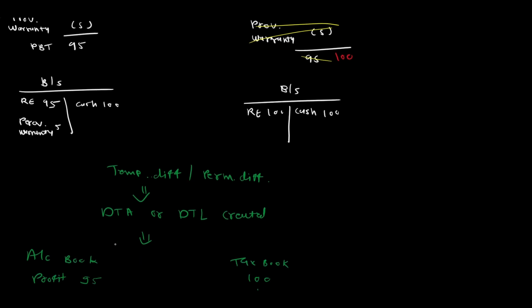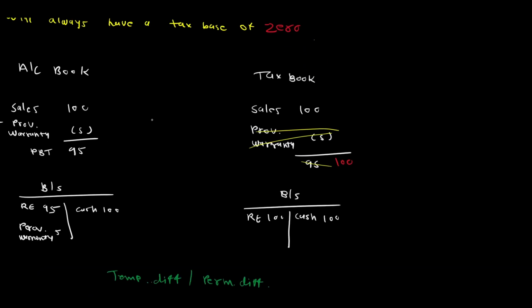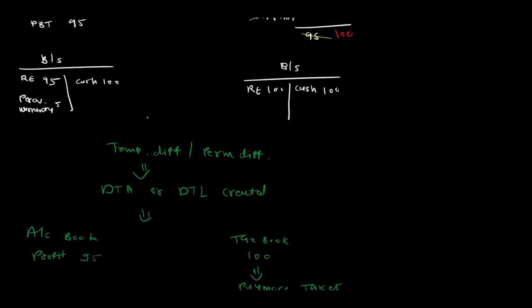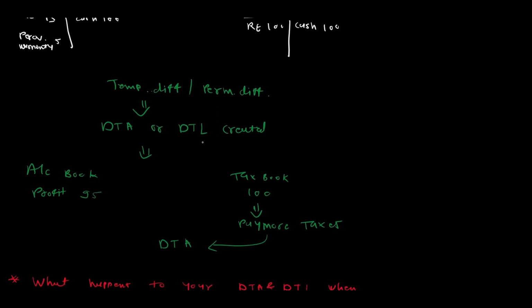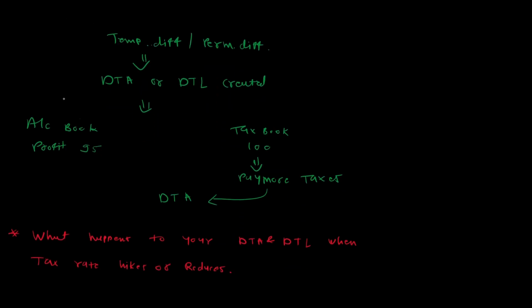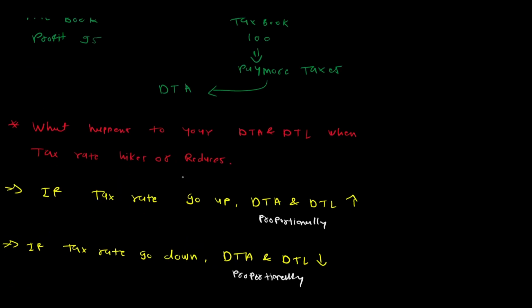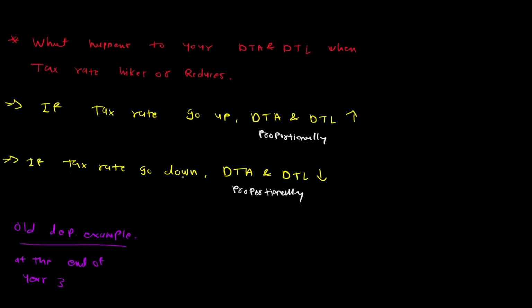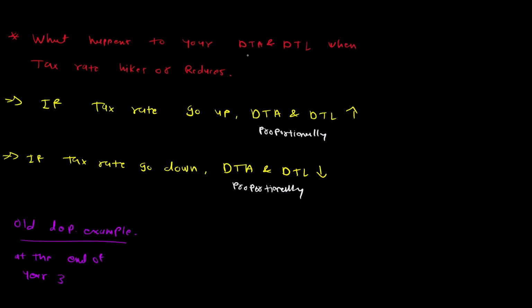So this also could be the reason for the creation of the DTA or DTL. My accounting book profit is 95, tax book profit is 100. I pay more tax, so it will create the DTA. The next reading is what happens to your DTA or DTL when the tax rate hikes or reduces.